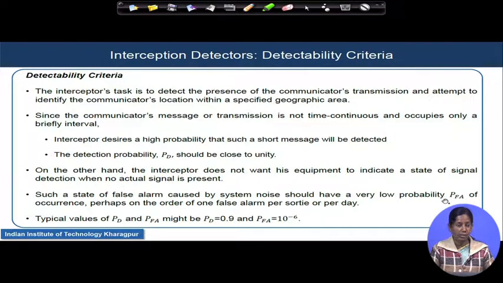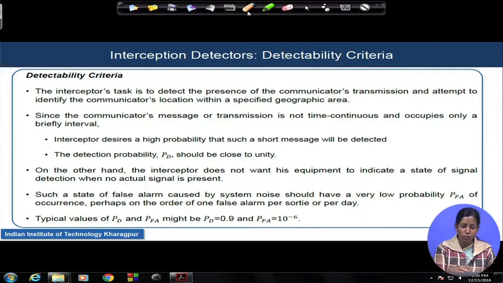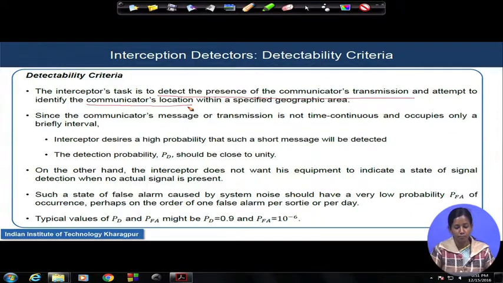The detectability criteria, what do we mean by that? We have understood that the task of the interceptors will be to detect the presence of the communicator's transmission, and also to at least attempt to identify roughly the communicator's location within a specified geographic area.